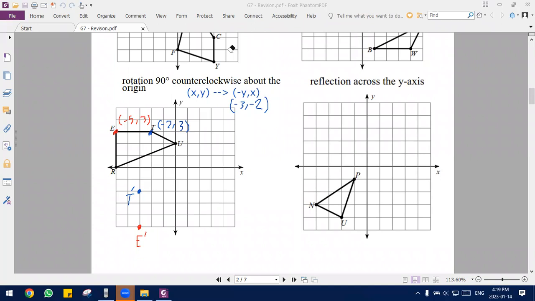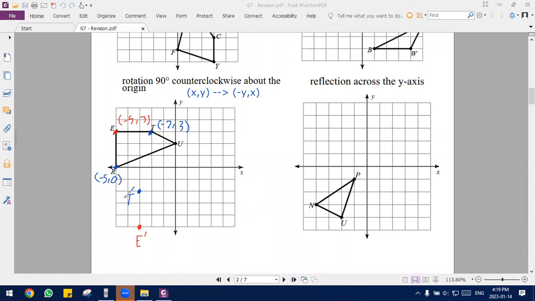Next point, let me take R, for example. Let's choose R. The coordinate of R is 1, 2, 3, 4, -5, and it's on the x-axis. It's not up and it's not down, so the y value is 0.